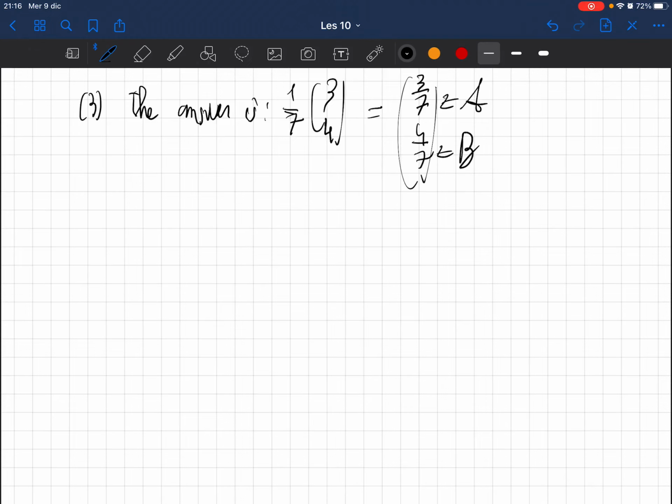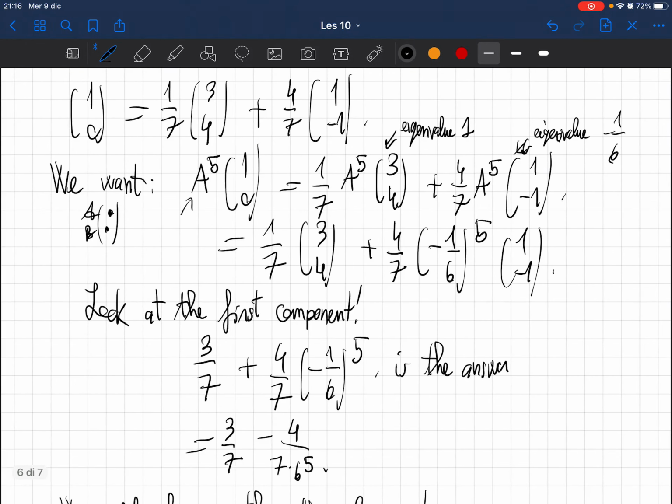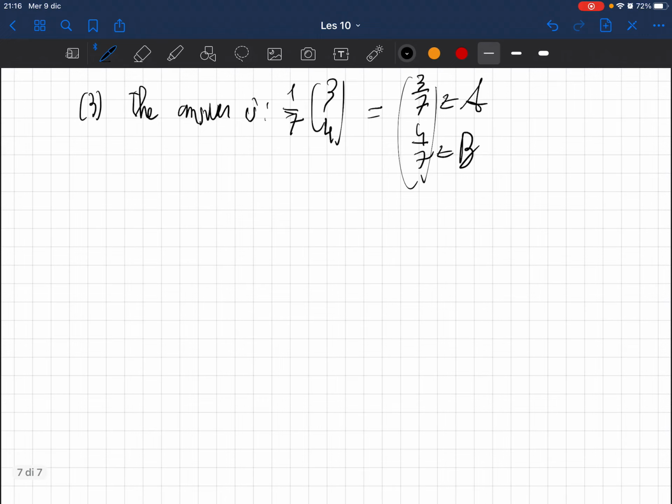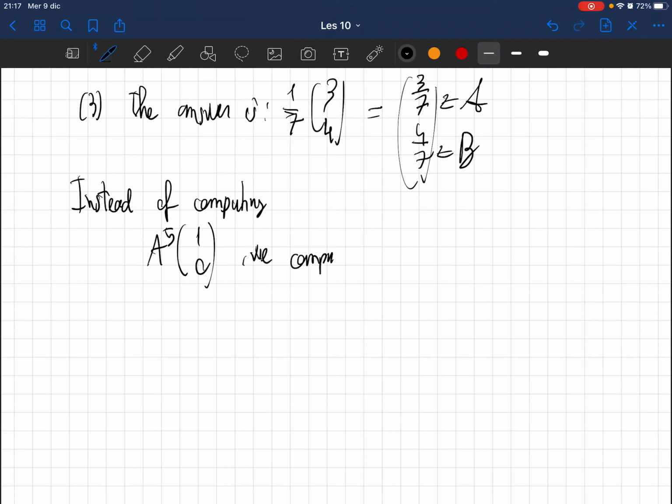But, well, this is the theory, but indeed, if you look at what we've done here, even if it's not completely rigorous, let's say instead of computing A to the 5th power applied to 1, 0, we compute A to the nth power, let's say, applied to 1, 0.